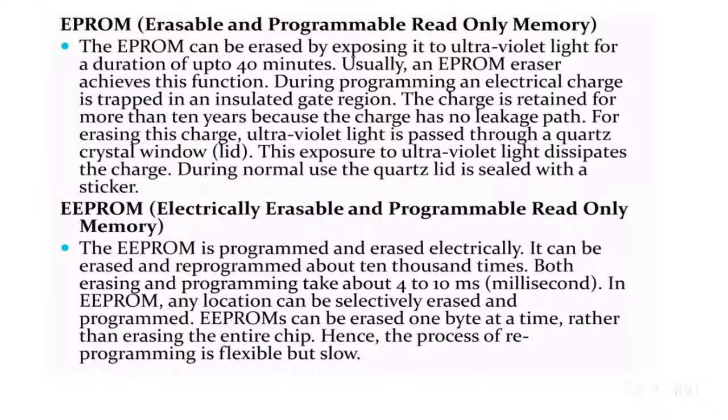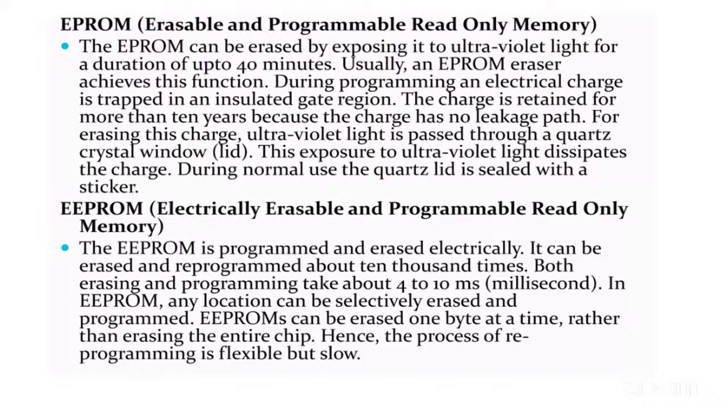The charge is retained for more than 10 years because the charge has no leakage path. For erasing this charge, ultraviolet light is passed through a quartz crystal window that is placed in the lid of the chip. This exposure to ultraviolet light dissipates the charge. During normal use, the quartz lid is sealed with a sticker.